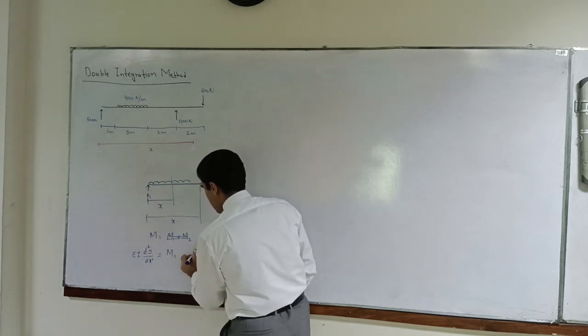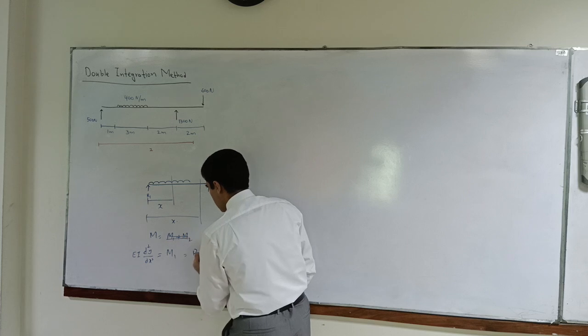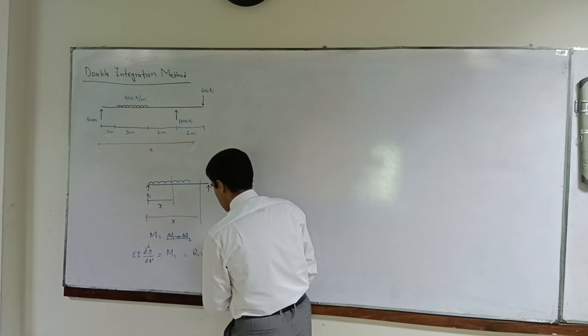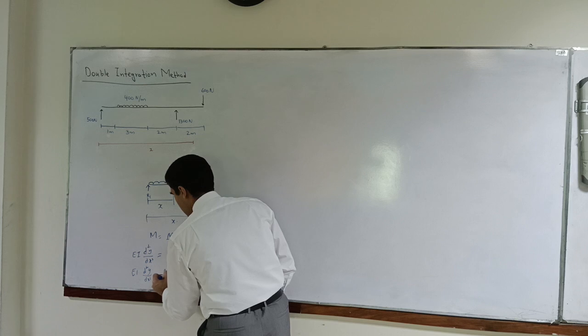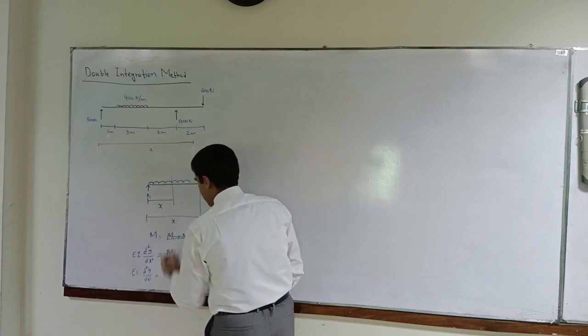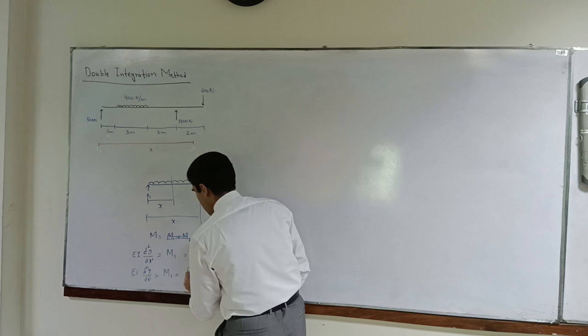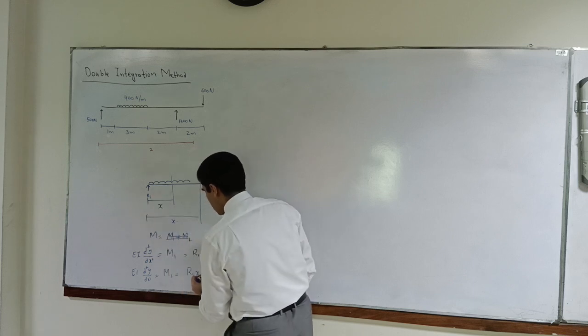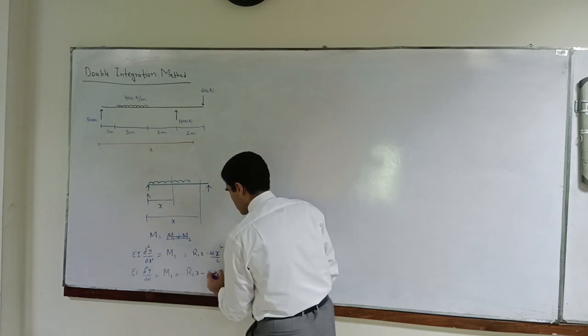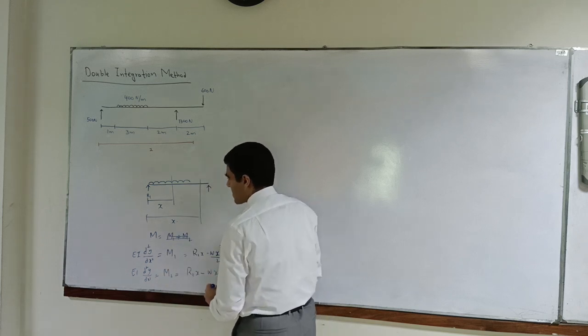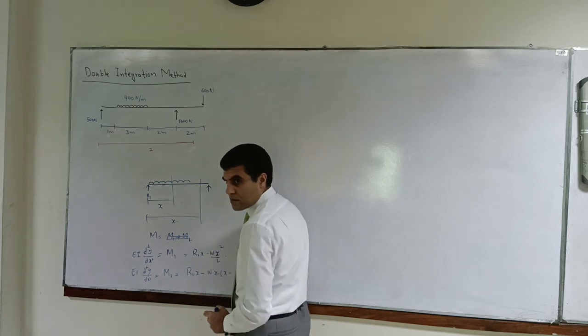So you will have R1 x minus w x square by 2, and you will have another one, EI d2y by dx square, and that will be M2, which will be R1 x minus w, x minus whatever the length will be given to us.